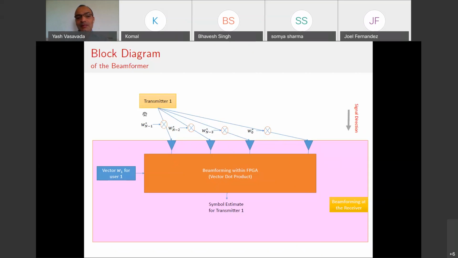Sometimes in the array literature, this vector, which is called the array vector, is also called the spatial signature vector. The reason it is called a signature vector is because if you look at the output of this ULA, you can almost see a signature. That signature is this theta naught, the angle of arrival.